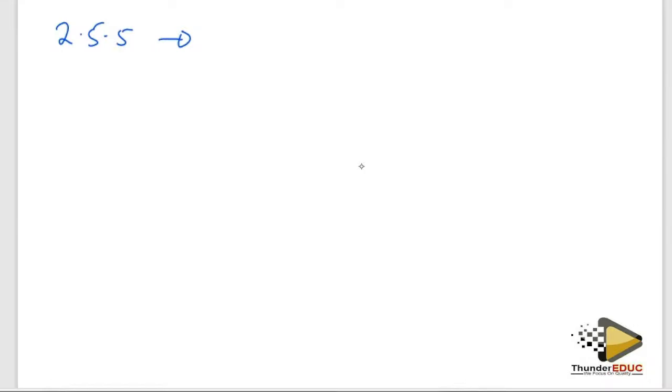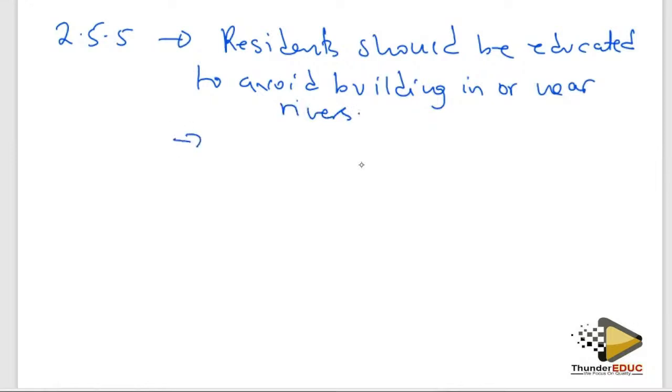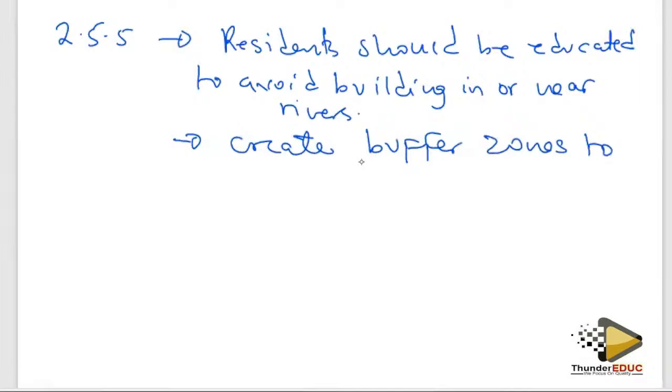So residents should be educated to avoid building in or near rivers, to create buffer zones. Reduce encroachment on rivers as well.